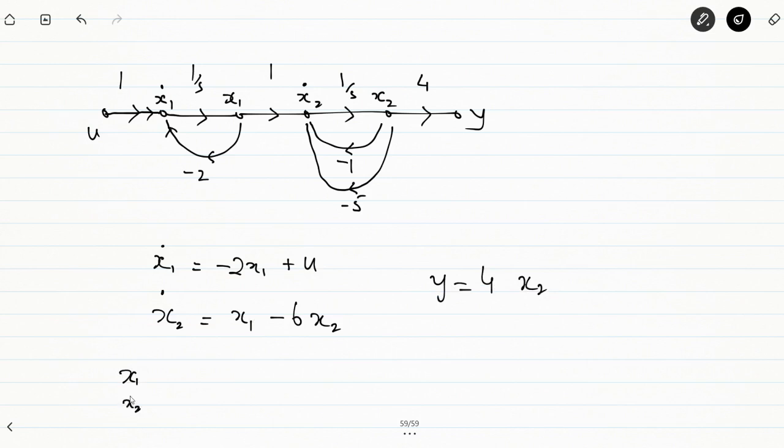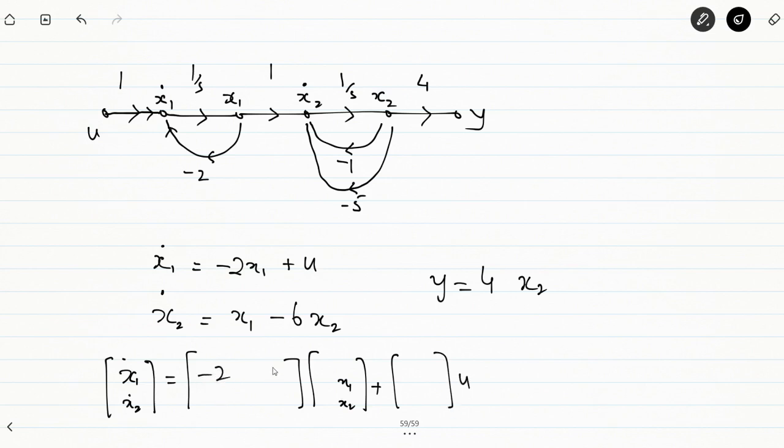Therefore x1 dot, x2 dot will be equal to minus 2 x1, 0 x2, 1 u; 1 x1, minus 6 x2, 0 u; and y is equal to 0 4 times x1 x2 plus 0 times u. Now we do not need to write that 0 times u every time.